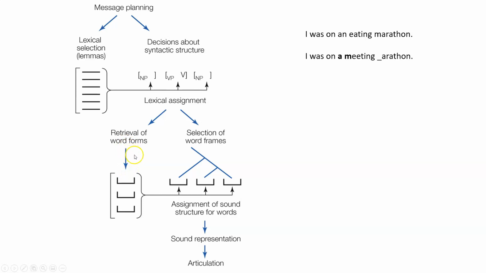The sound swap had to have occurred, because this is the stage right here where we decide on using the article a or an. And so that suggests to us that the sound swap had to have already occurred earlier in the process, and that at this stage here, the article was correctly chosen to match the incorrect form of meeting rather than eating.